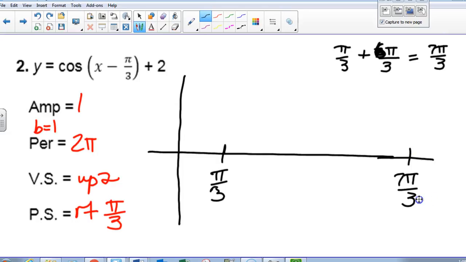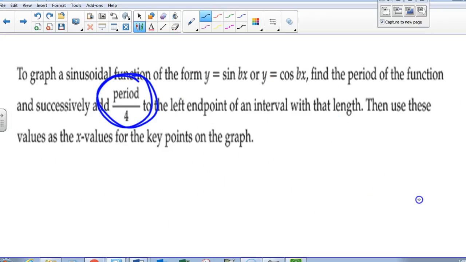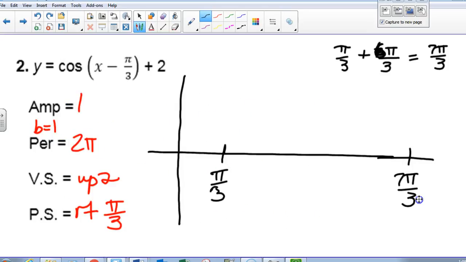Now, do you remember me saying earlier, you take the period and divide by 4 to get the smallest increment, right? So the period here was 2 pi. You divide it by 4, which gives you pi over 2. That's how much you need to add on every time you give another spot here, as far as finding all your little quarter points, okay?